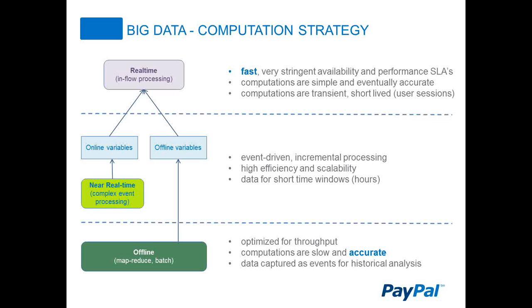This is where you would use technologies like complex event processing, and we'll talk more about that in coming slides. The data that you want to analyze here is in very short time windows, normally hours, and this is where you shoot for high efficiency and scalability because the number of events coming into your system can significantly grow. There's a difference between real time and near real time.